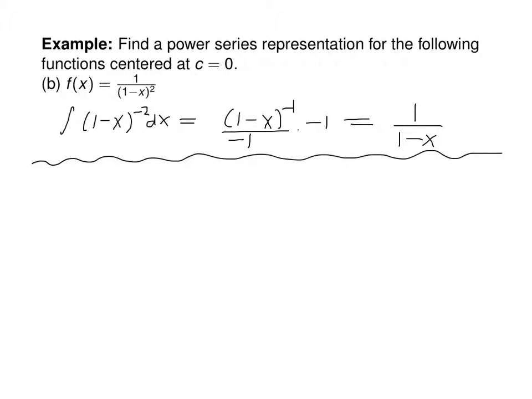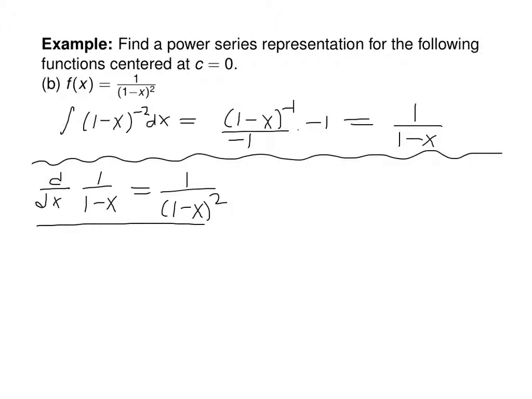So what that tells us is that the derivative of 1 over 1 minus x will equal 1 over 1 minus x, the quantity squared. So I will find a power series representation for 1 over 1 minus x, which is actually ridiculously easy. 1 over 1 minus x is the sum from 0 to infinity, x to the n.